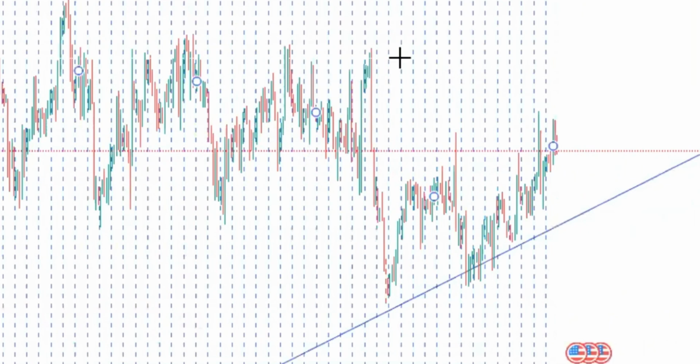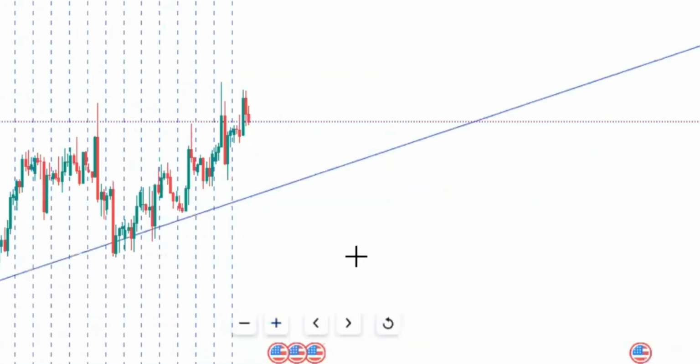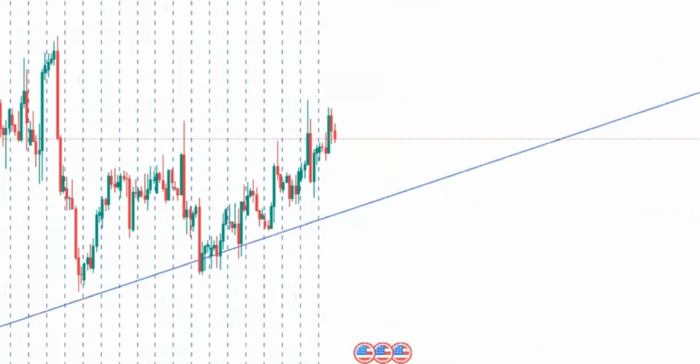But after ranging, it came to bounce off from this trend line. And as you can see, it's moving up. And I can also join another trend line from here.